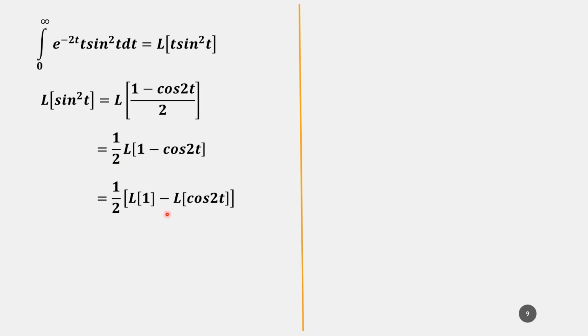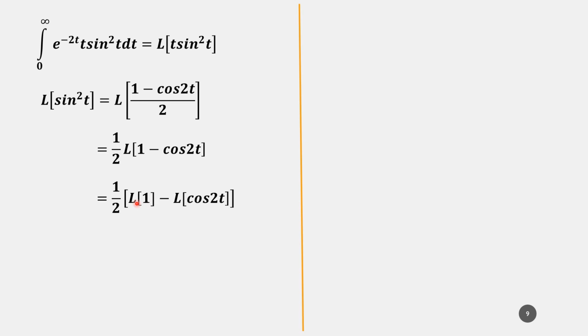So we can write L of 1 minus L of cos 2t. Because sine square t is the product of two sine t functions, we cannot take L inside. That is why we have converted sine square t to (1 minus cos 2t) by 2, and then taken L inside. Now we have a minus sign in between the functions, so we can separate the L.